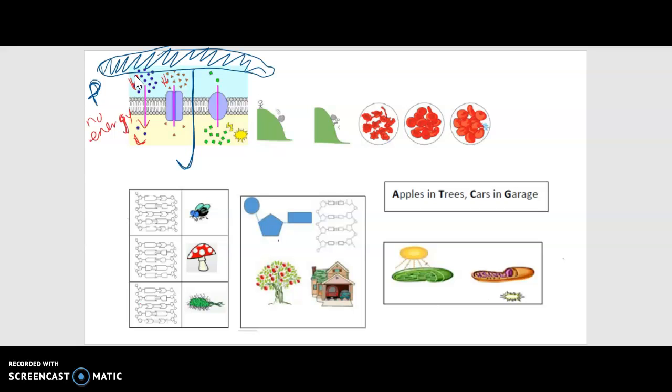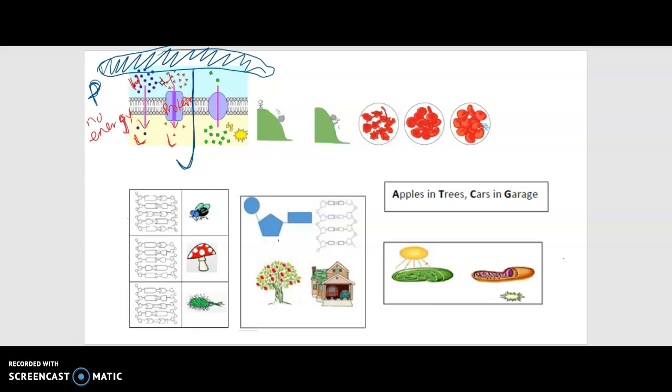Same thing for facilitated diffusion, high through the protein to low. So this is our protein right here.